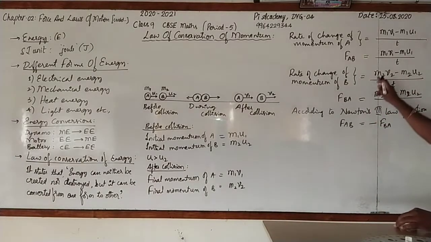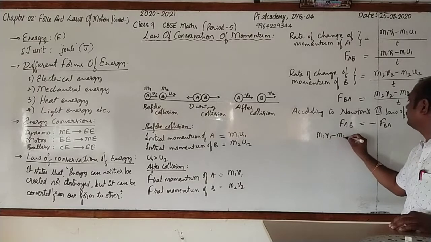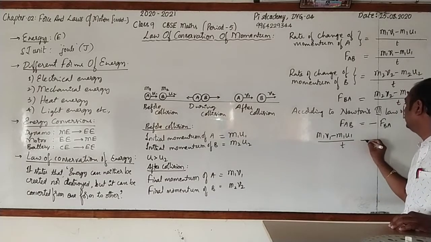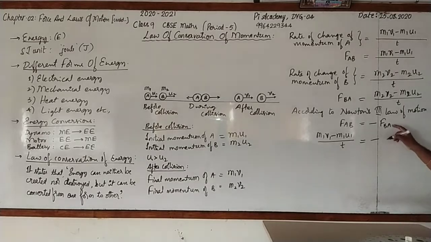Then, what is FAB? It is m1 v1 minus m1 u1 divided by t. This is equal to minus of m2 v2 minus m2 u2 divided by t. See, the t and t get cancelled.